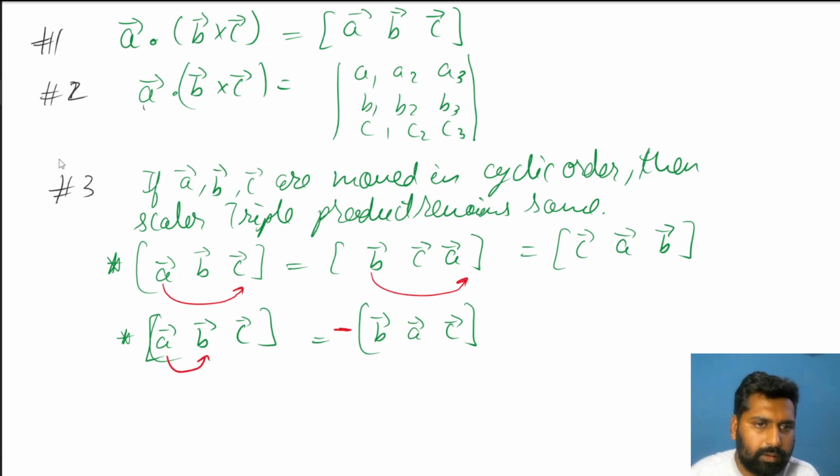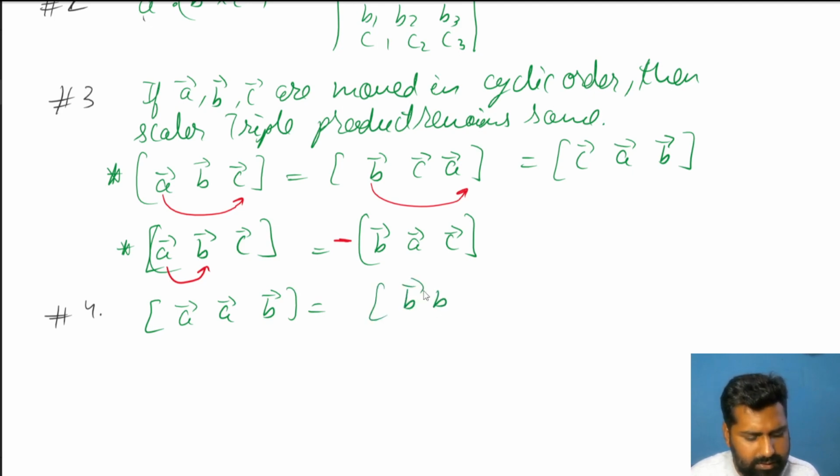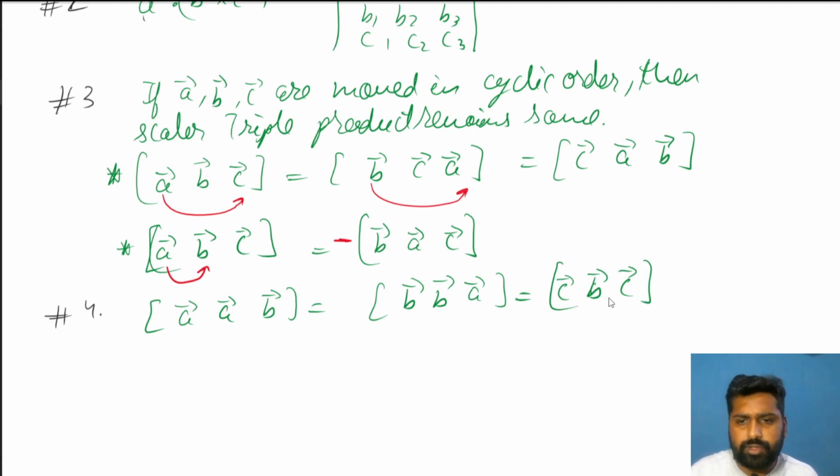Next, if two vectors are the same, let's say out of these three, it is done for A, A and B, or B, A, A, or C, B, C. Any two can be the same, in any position.